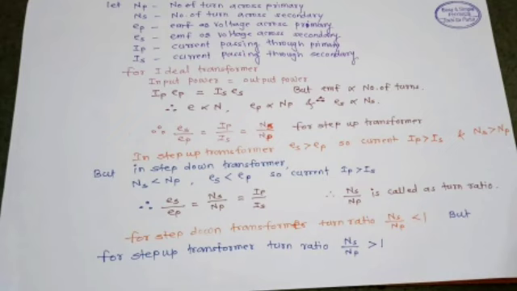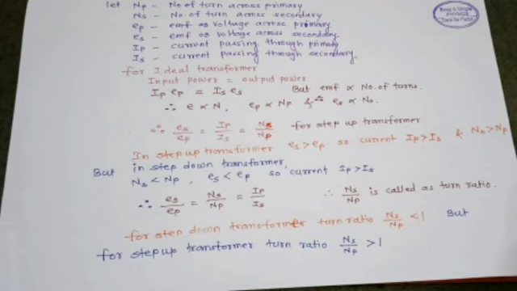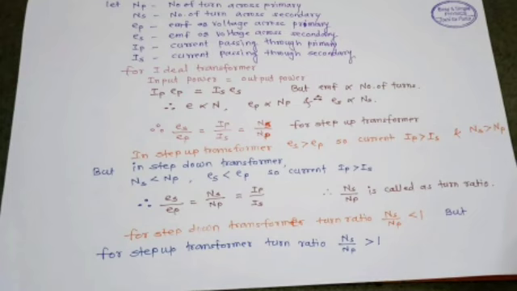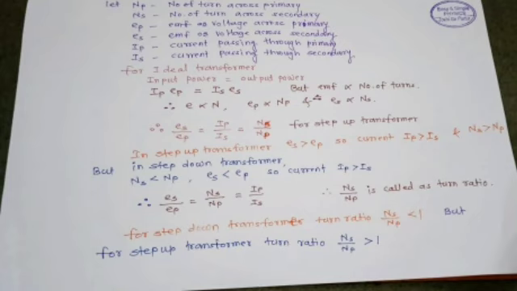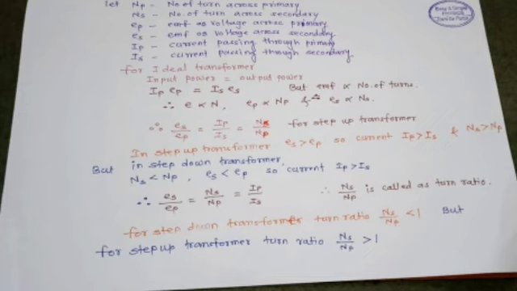Therefore, ES upon EP equals NS upon NP, which is equal to IP upon IS. NS upon NP is called the turns ratio. For a step-down transformer, the turns ratio NS upon NP is less than 1. But for a step-up transformer, the turns ratio NS upon NP is greater than 1.